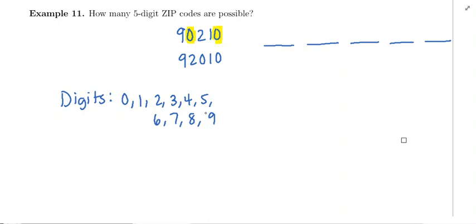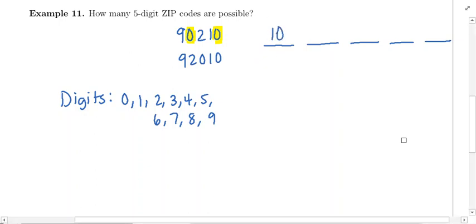So for each blank, it is possible to have one of these 10 digits in that position. For the first number, there's 10 possibilities for the first position. And again, repetition is allowed here. So even if you used a 4 in the first position, you could use a 4 in the second position.